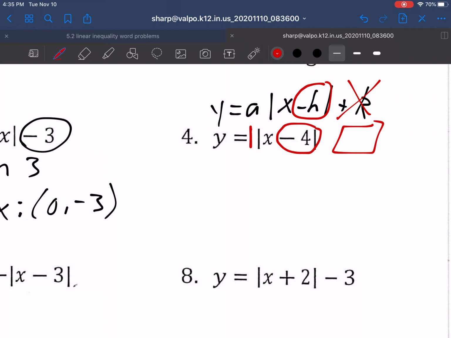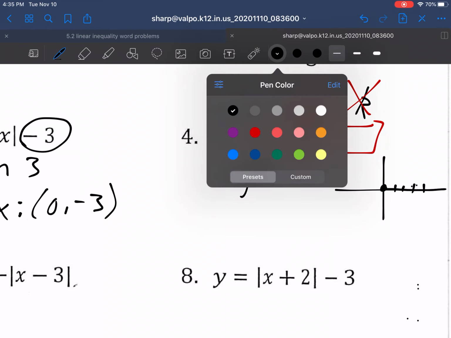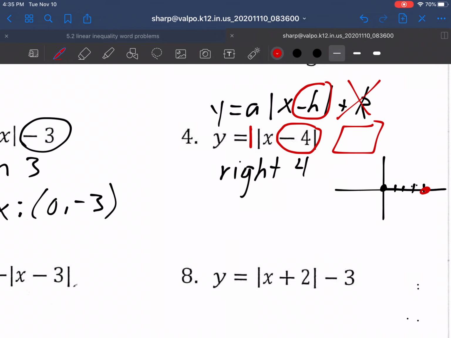But the h value is -4, which leads us to believe that this graph is actually going to shift. Whenever the h value is negative, it makes your graph shift to the right however many units it says. So this should go right 4 units, which means if this was my vertex right here, now it just went 1, 2, 3, 4 units to the right, which means my new vertex is sitting right here.